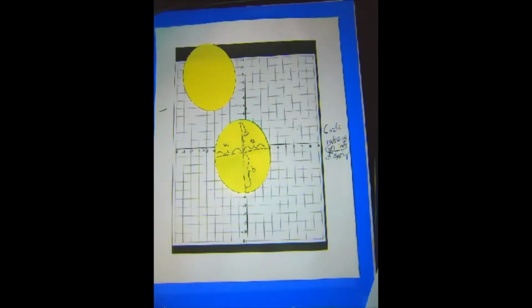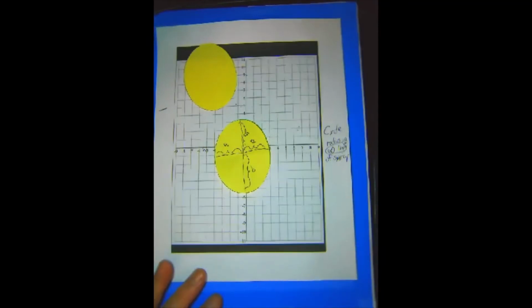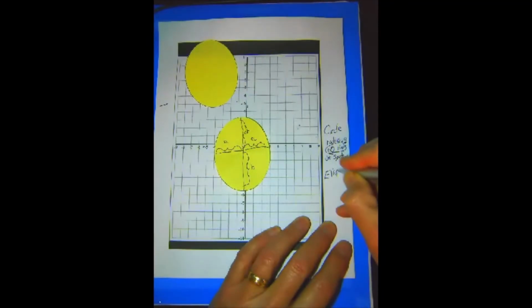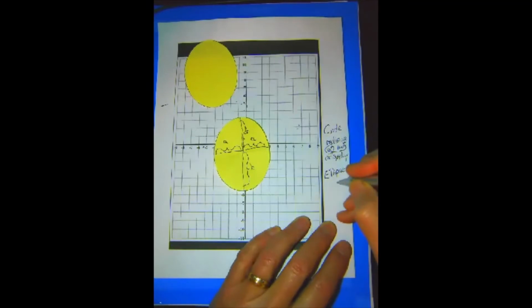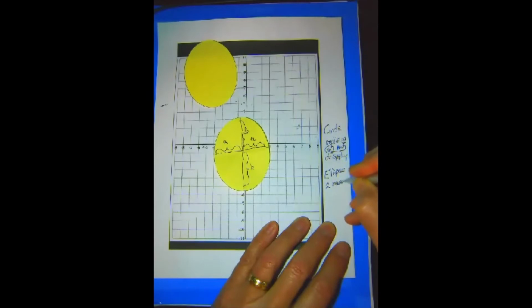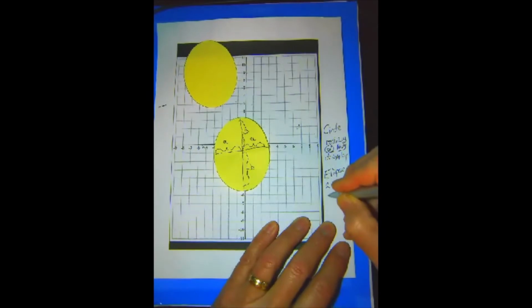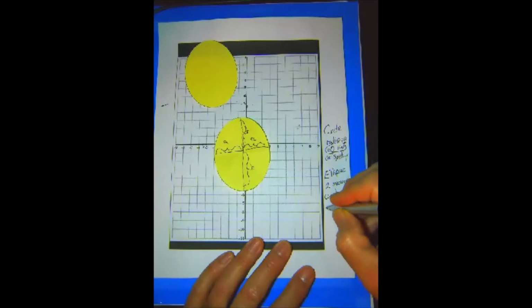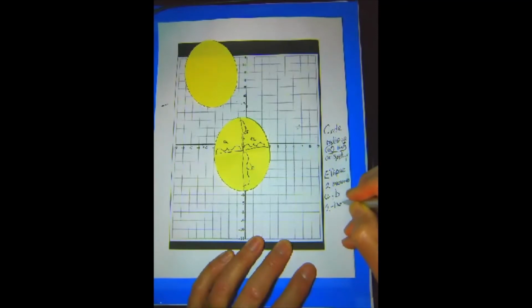So when we think about an ellipse, a couple of its properties. First, we have two possible measurements that we could make. And we could measure A and we could measure B. Each of those gives rise to a line of symmetry. So we have two lines of symmetry.